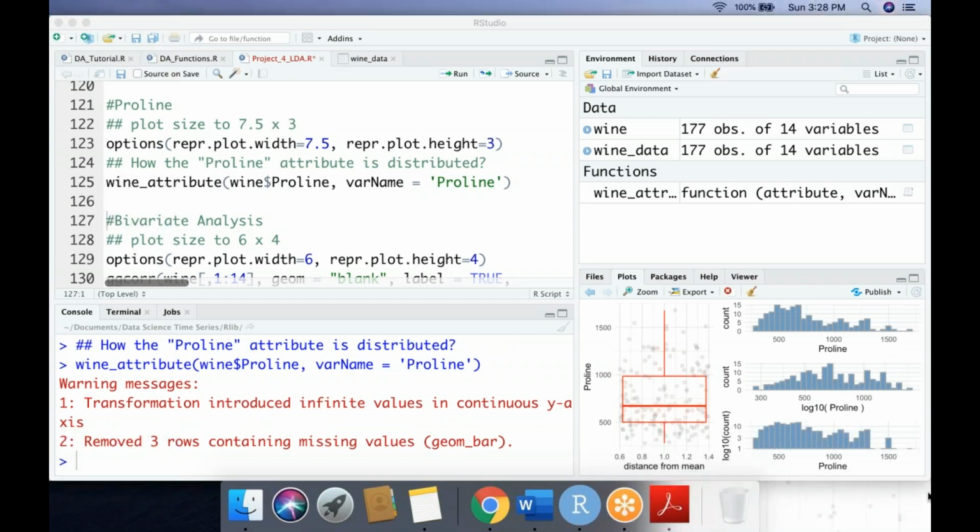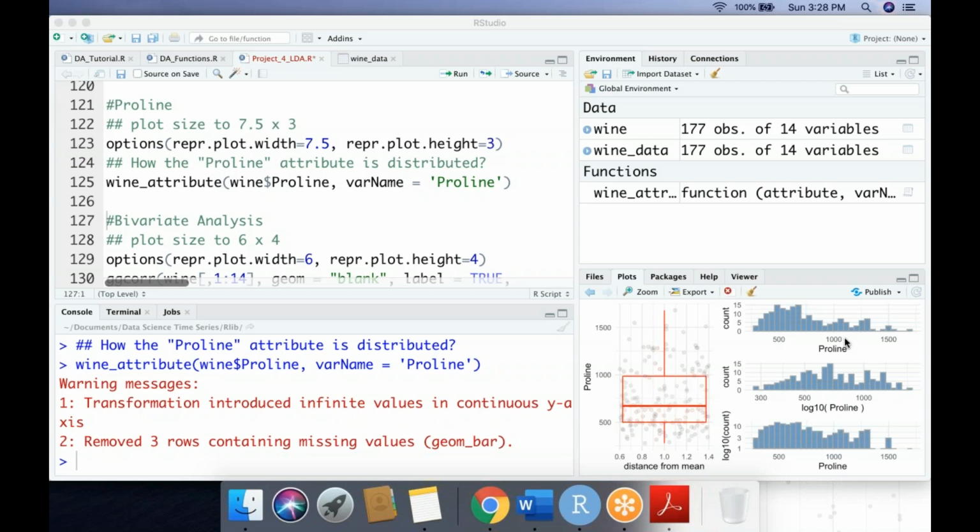Proline. Okay. In such scenarios, when you are loading the variables, right now we will do the LDA with all the variables, but going forward we will see if proline is an important predictor or not.